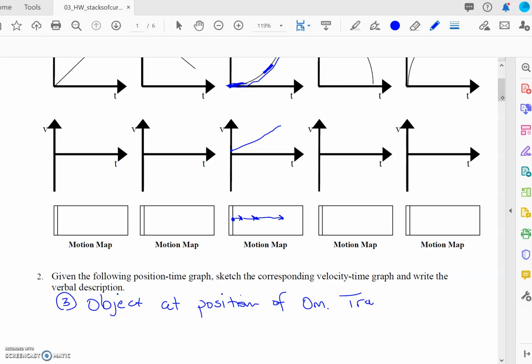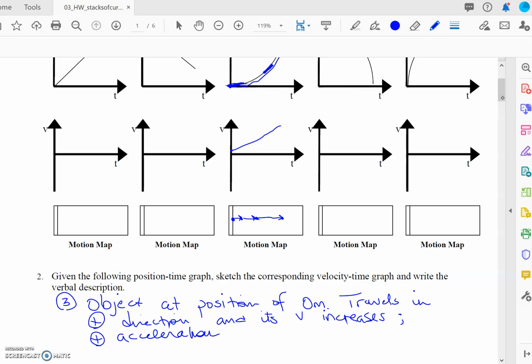It travels in a positive direction, and its speed increases, or its velocity increases. And another way to say that is that it has positive acceleration. Okay, so you try that with the rest.